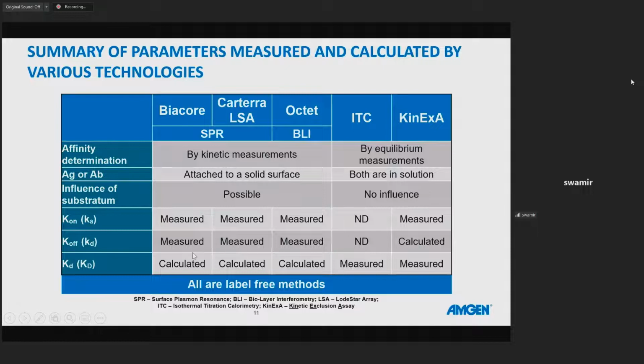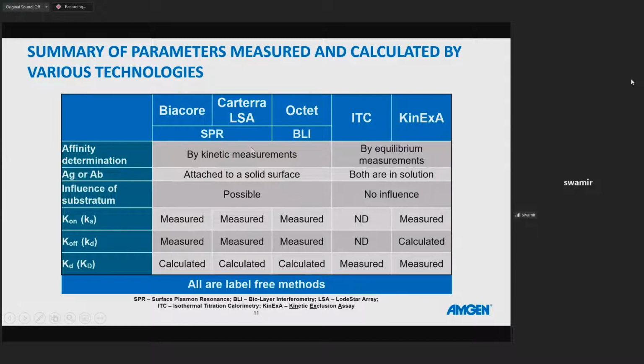To summarize, SPR or BLI instruments like Biacore, Carterra, or Octet could be used for kinetic measurements, in which one of the materials is attached to a solid surface, and hence influence of the substratum is possible.